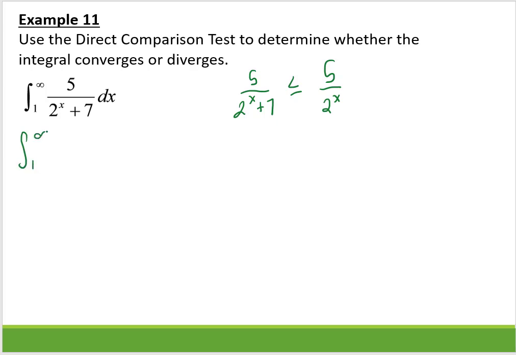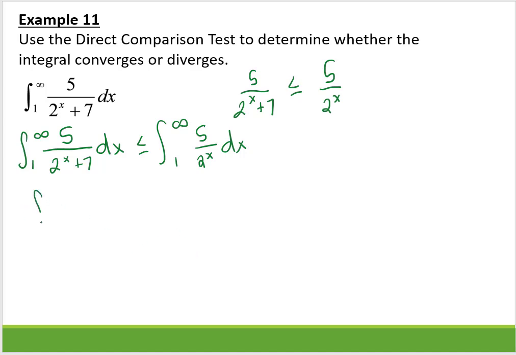So I know that inequality is true. Now we need to look at what happened here.